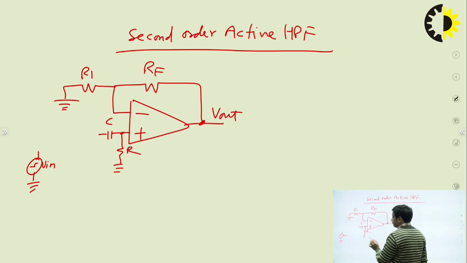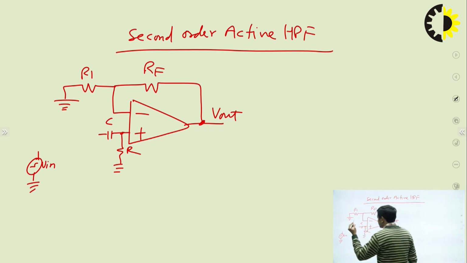Now see, if you apply this V directly at this RC section, CR section, then it will be a first order high pass filter that I have already discussed. Now in the second order high pass filter, what we do? We use 2 RC sections. So you can see that on the board, there is one RC section, right?